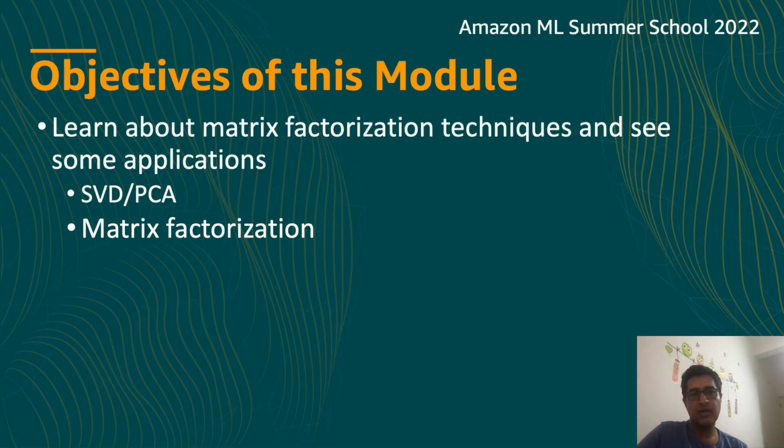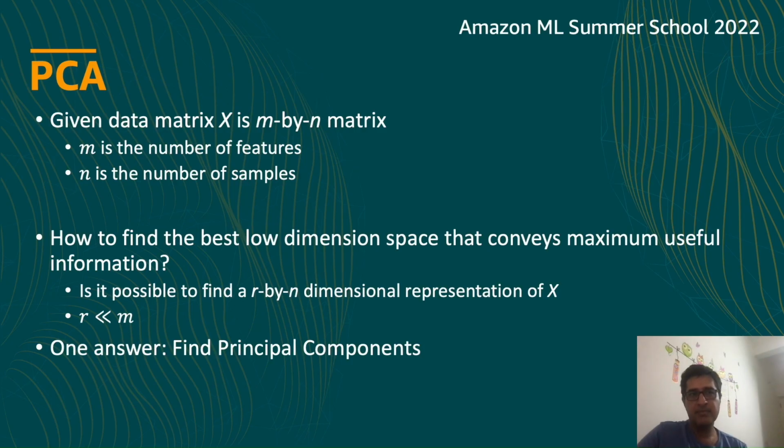Next, we come to principal component analysis. In principal component analysis, you have a data matrix which is m cross n in structure, and you are trying to identify a low dimensional space representation that conveys the maximum information about this matrix as such.